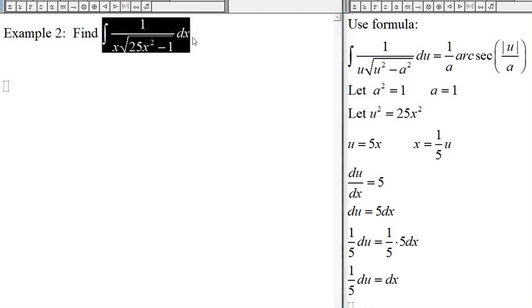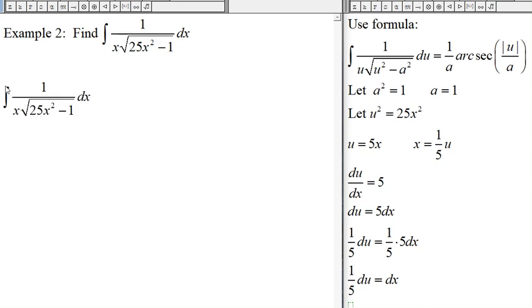Now we're ready to make the substitution. So this becomes 1 divided by, now x is 1/5 u. So we have 1/5, x is 1/5 u. And then 25x squared is u squared. And then 1 is a squared. dx is 1/5 du.